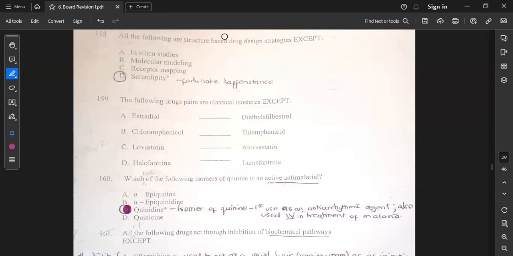First of all, important things to note about the life cycle. Or rather, what is the infective stage of a Plasmodium in a human being?